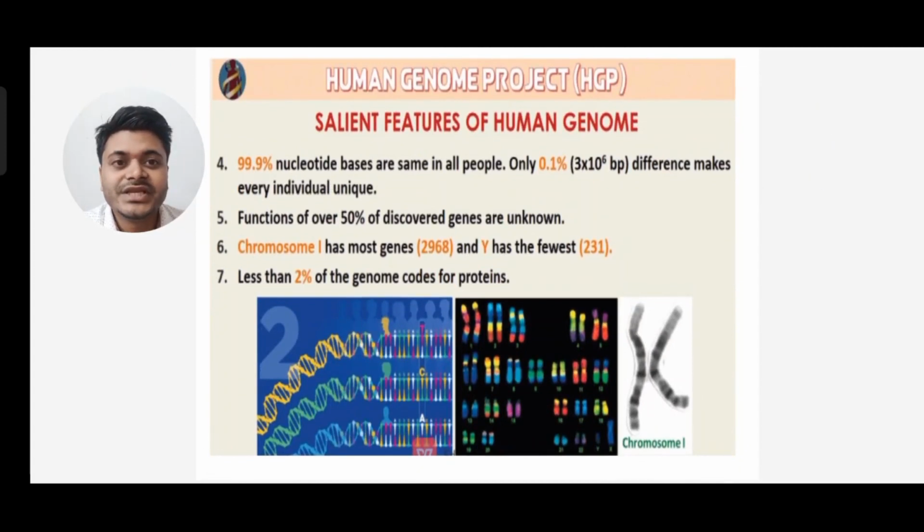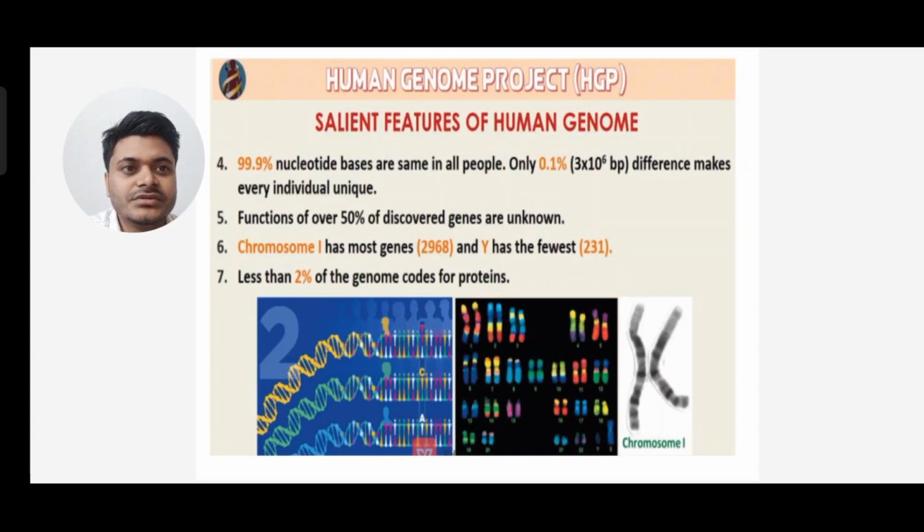99.9 percent of nucleotide bases are the same in all people. Only 0.1 percent, that is 3 into 10 to the power 6 base pair differences, makes every individual unique.